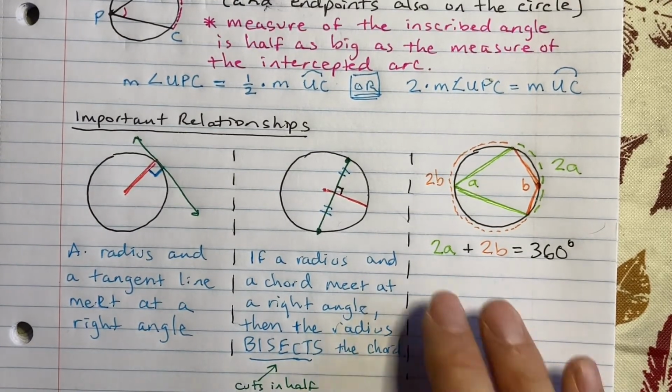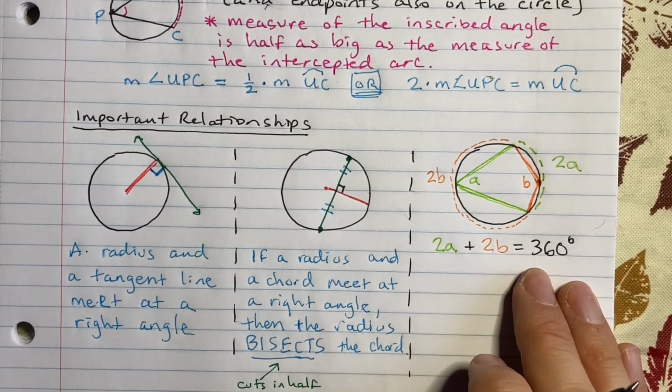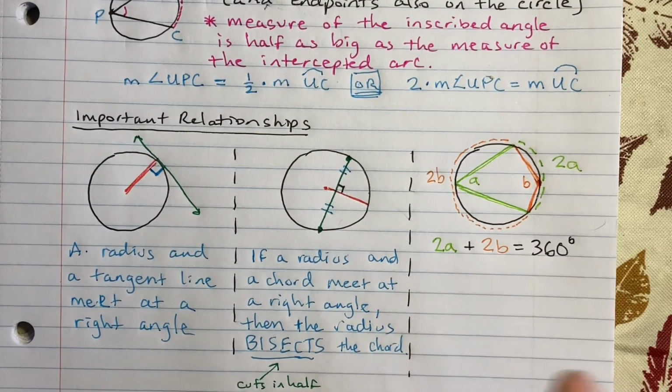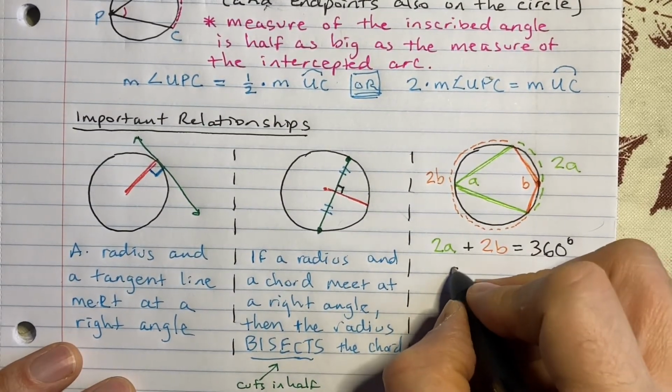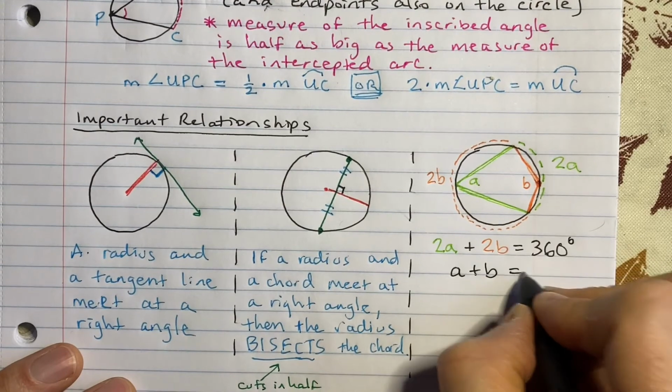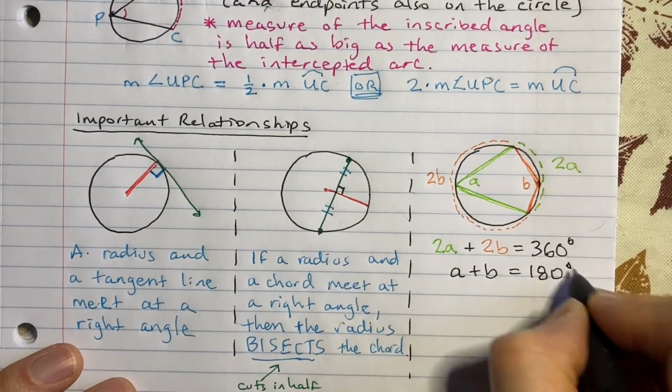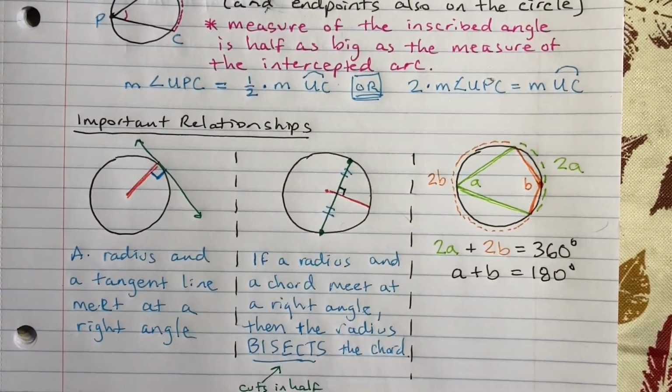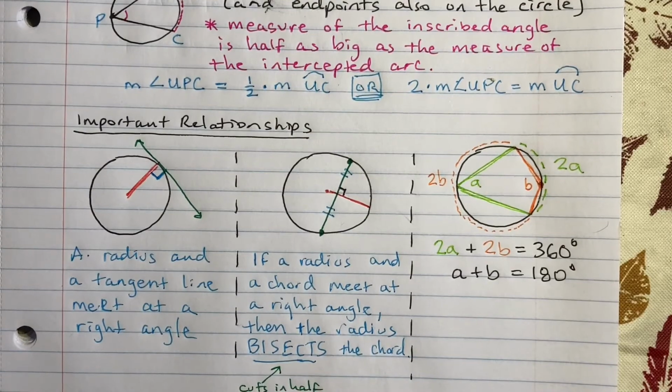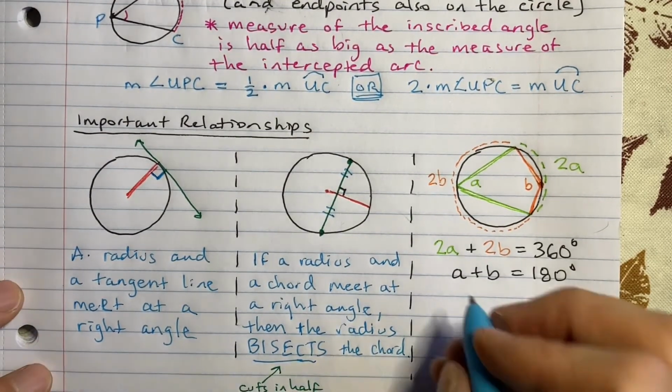Now I notice that all of these terms are even, so I can cut them all in half. I could write down an equation that said A plus B is equal to 180. And that is the important relationship. You see these angles that are opposite in, this is called an inscribed quadrilateral. Those opposite angles are supplementary.